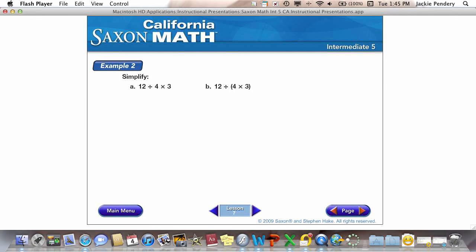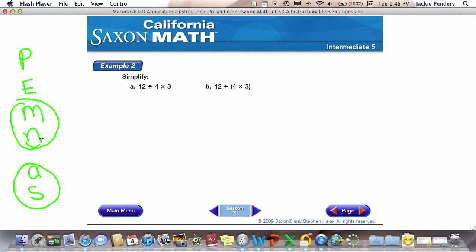Okay, so again, I'm going to remind you of PEMDAS, parentheses, exponents, multiply, divide, add, and subtract. Okay, these are a pair, and these are a pair. So A, we have 12 divided by 4 times 3.